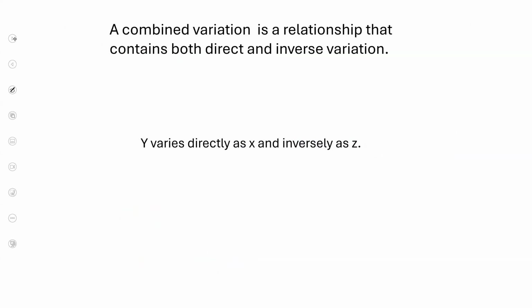Okay, so now let's do some combined variation. A combined variation is a relationship that contains both direct and inverse variation. We're going to combine the variations. So let's look at this. Y varies directly as x, so that's this. First of all, direct variation looks like this. Inverse looks like this.